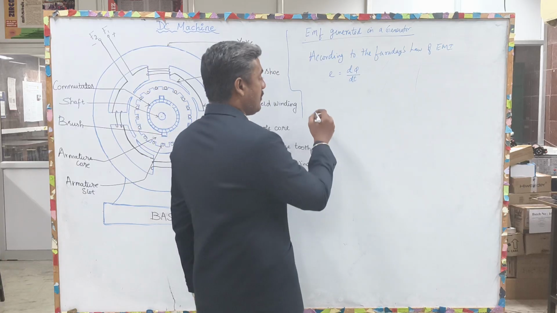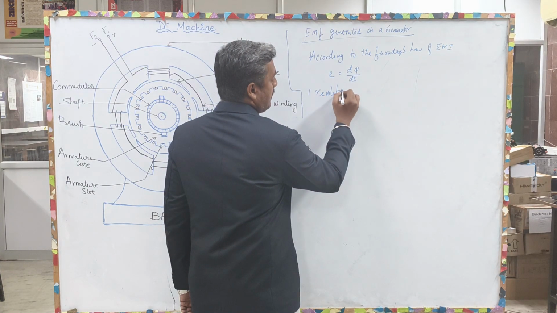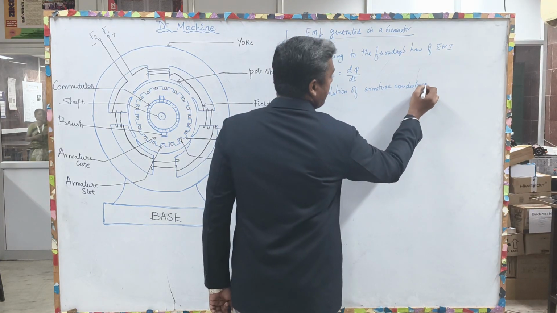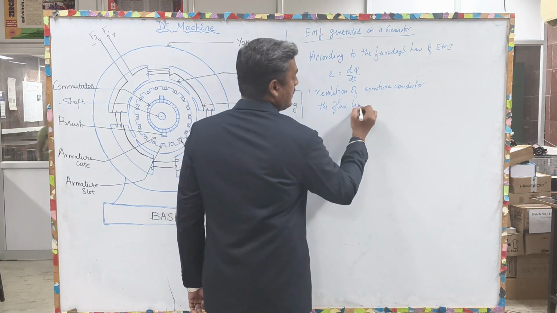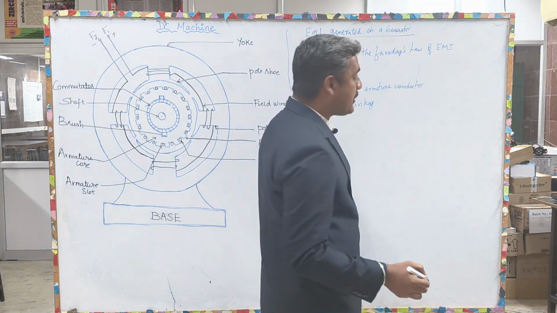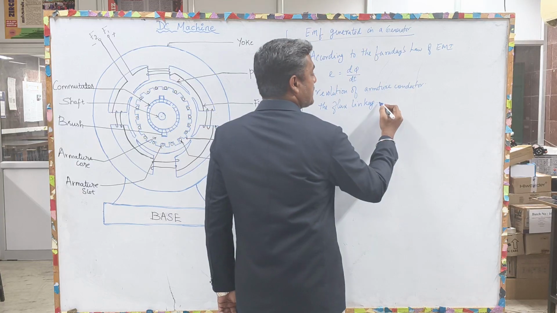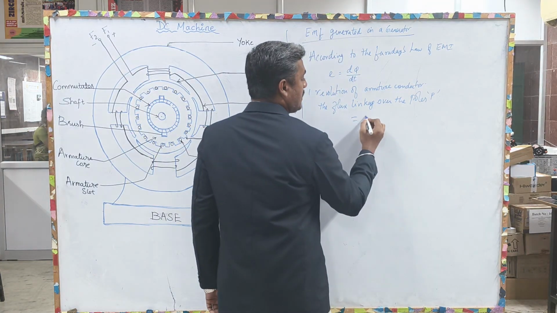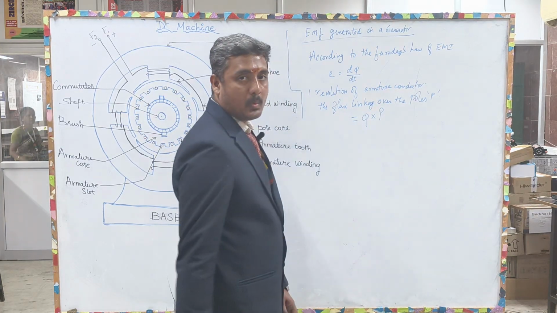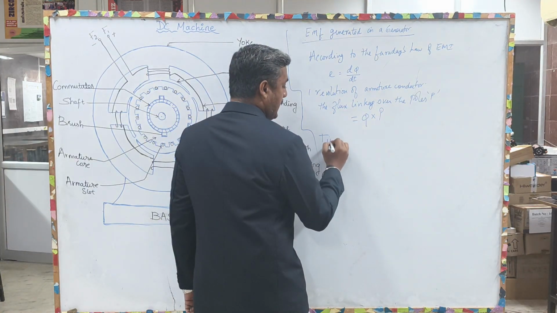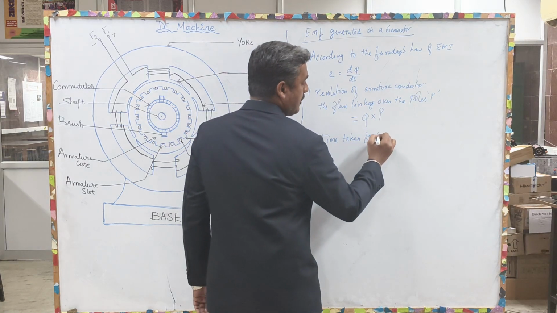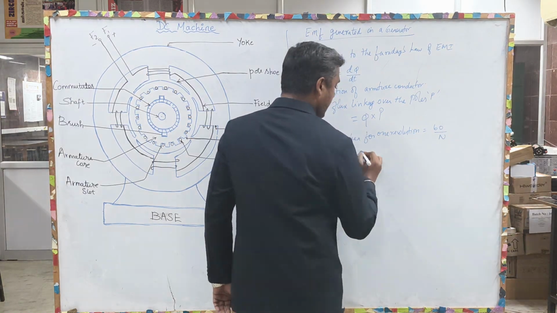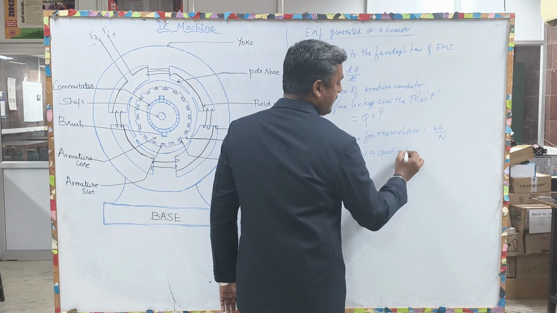That is, for one revolution of armature conductors, the flux linkage or the flux produced over the poles P is equal to phi into P, and time taken for 1 revolution is equal to 60 divided by N, where N is the speed in rpm.